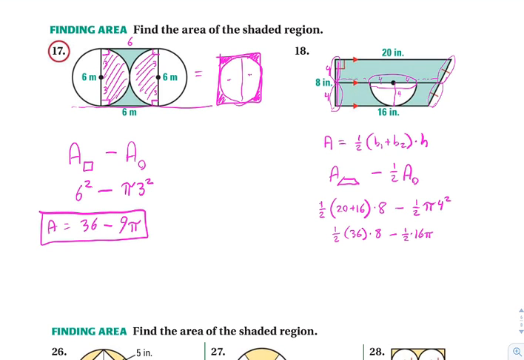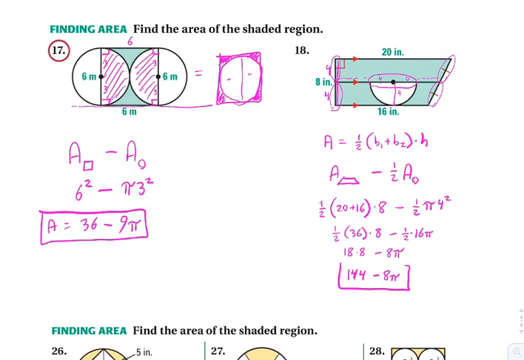So 1/2 of 36 is 18, times 8, minus 8 pi. And 18 times 8, that's 80 plus 64, so that's 144, I believe. So 144 minus 8 pi, and that's the exact answer. If you want to plug that into a calculator and get an approximate version, that's totally okay.